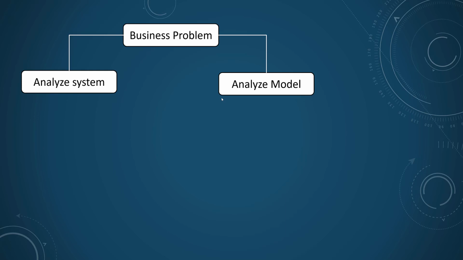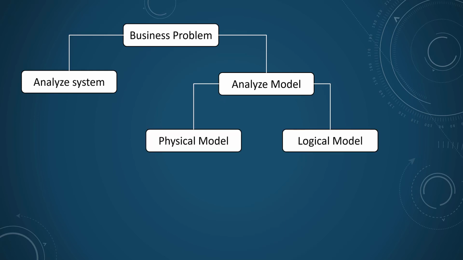Now, when you're talking about analyzing the model, we can build a model that could be a physical model or a logical model. A physical model is one where you actually build a prototype. For example, in aircraft manufacturing, you'll have a wind tunnel built, then you build a prototype, subject it to the wind tunnel, collect data, and figure out the best design.